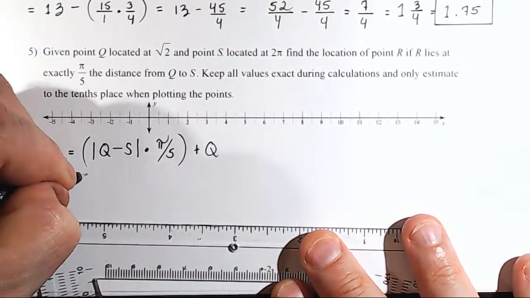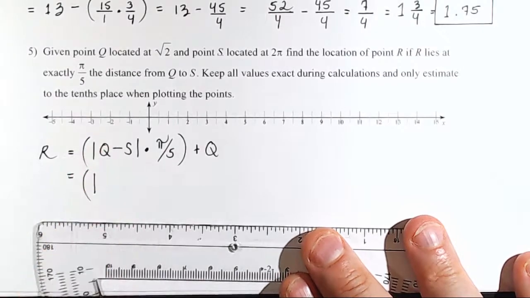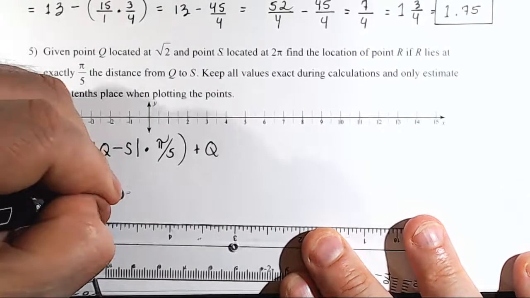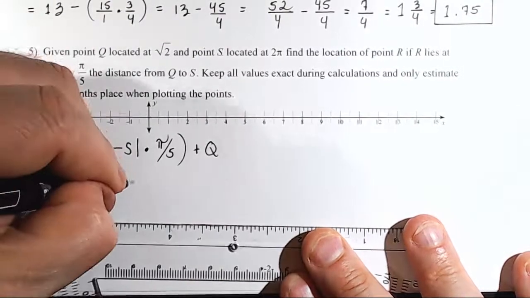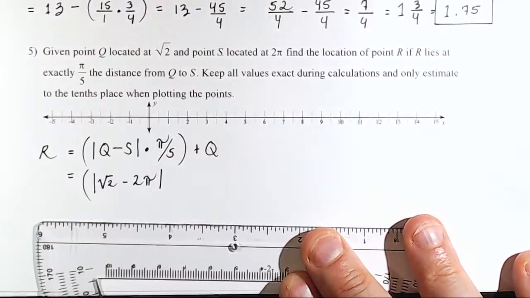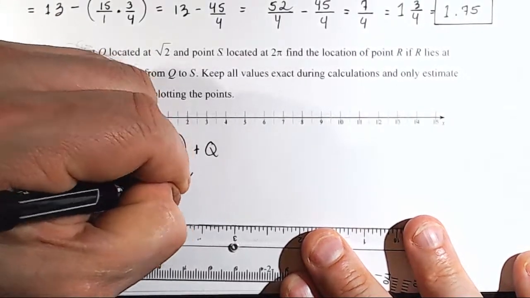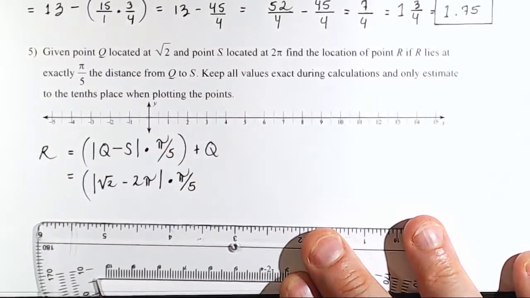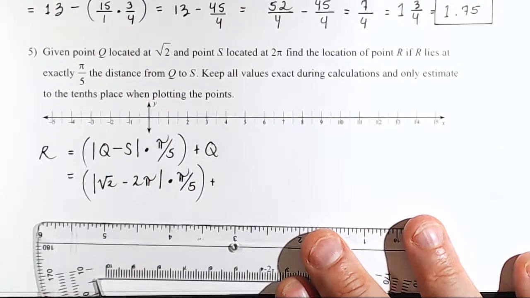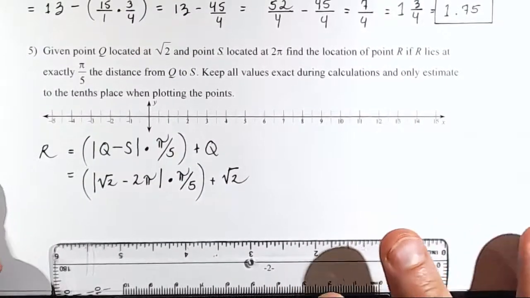This is going to look scary. Open parentheses, absolute value, and then Q is square root 2, minus S, which is 2 pi. We want the absolute difference of that, times pi over 5, and then we want to add that to whatever Q is, which is square root 2. Okay, so that's the problem we have to do.